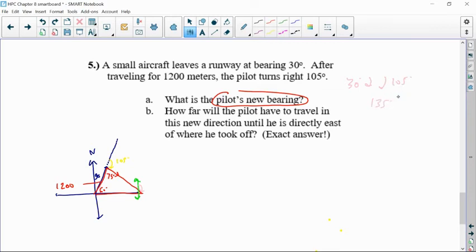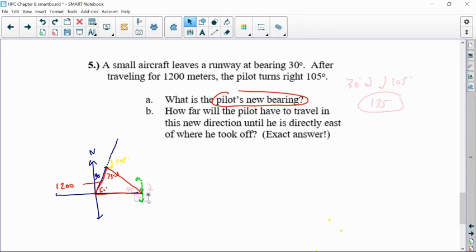So overall, his bearing should be 135 degrees. Thinking about it again, if this is 60 and that's 75, then this angle here is actually 45 degrees. If you slide that a little bit over, this guy here, if this is 45, there'd be another 45 degrees as a vertical angle. Its supplement would be 135.